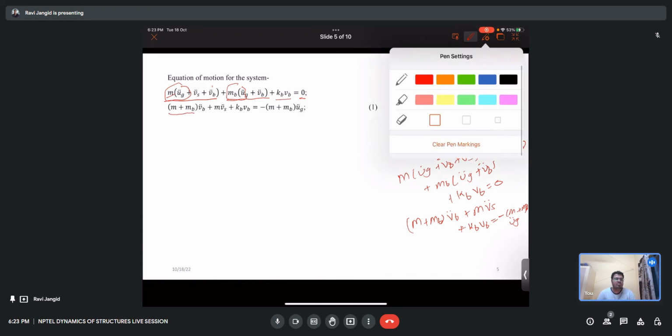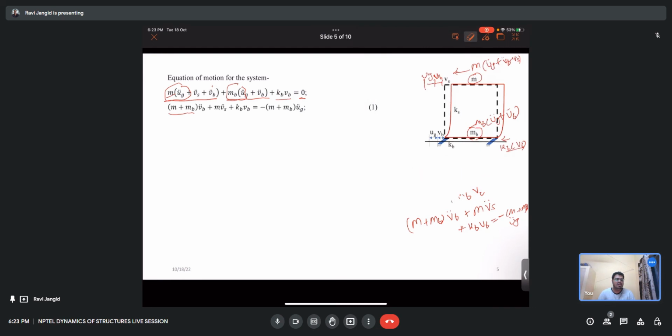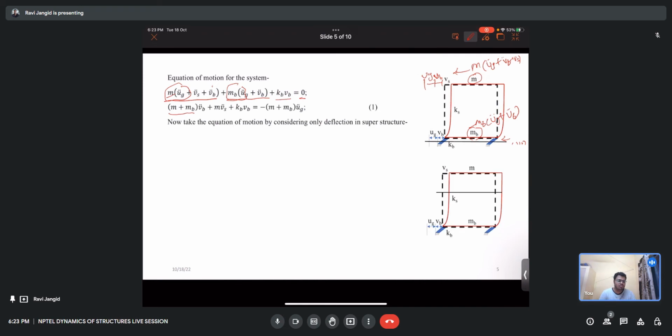Okay, now we are cutting our structure on the other part, from here, considering the superstructure.